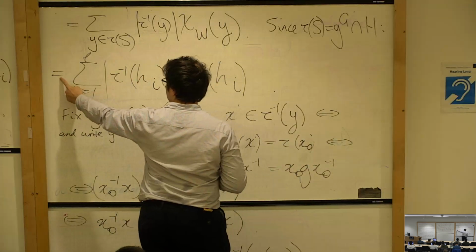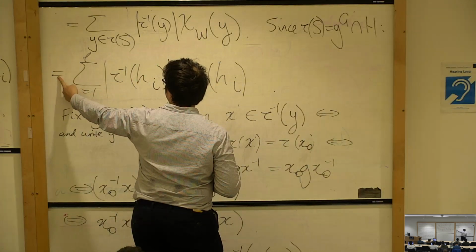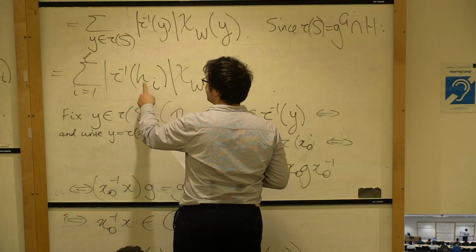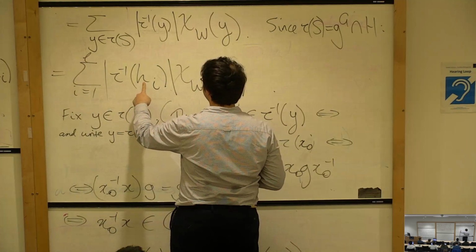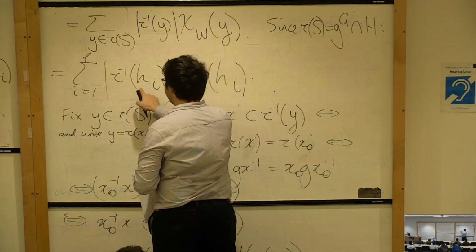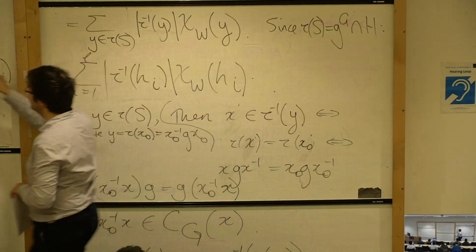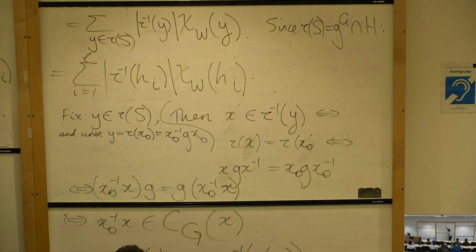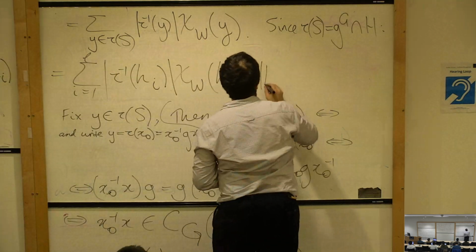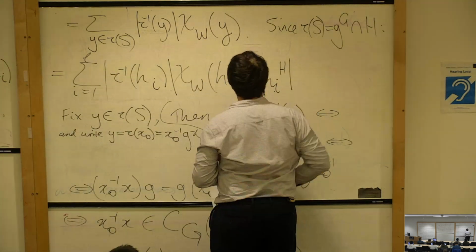This is not right, because I've only taken representatives. Right? Actually, I want to count all of the elements of a conjugacy class here. That's better.